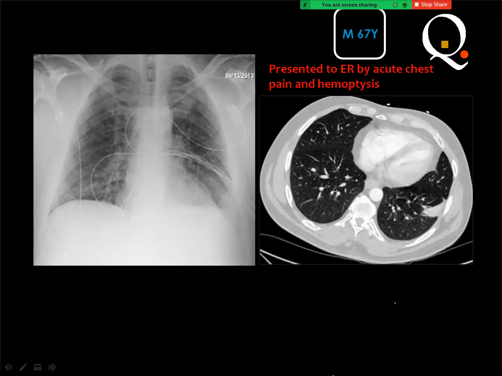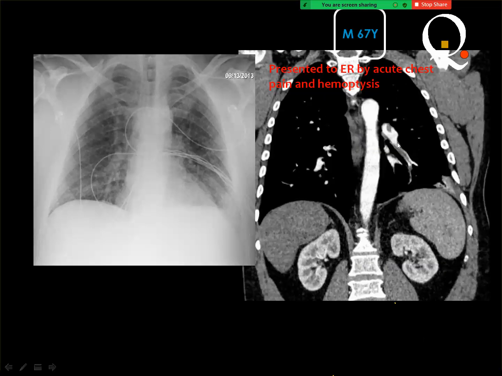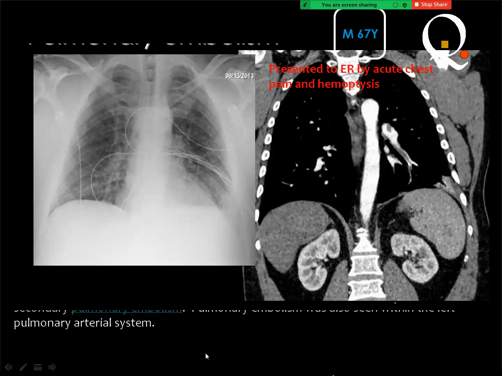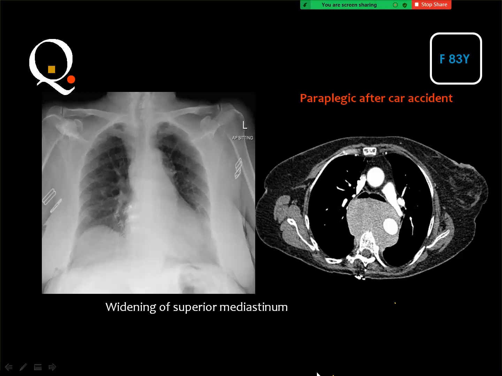Yes, right. This is pulmonary embolism because of the history, acute chest pain and the hemoptysis. And this is the CT pulmonary angiogram. And you got a filling defect here and a linear filling defect there with the pulmonary infarction in the right lung base. The diagnosis is right. This is pulmonary embolism.